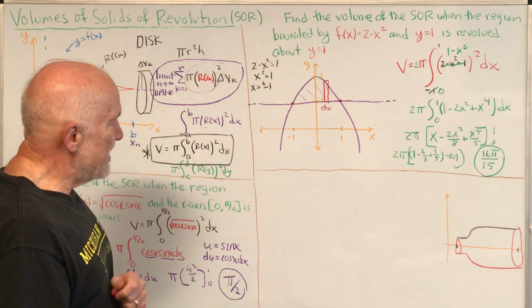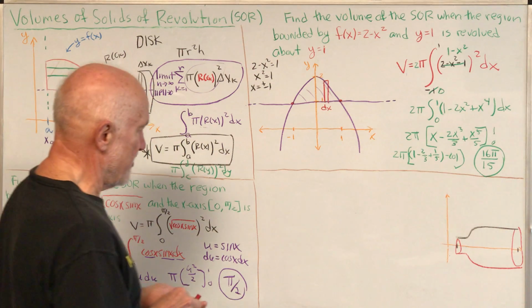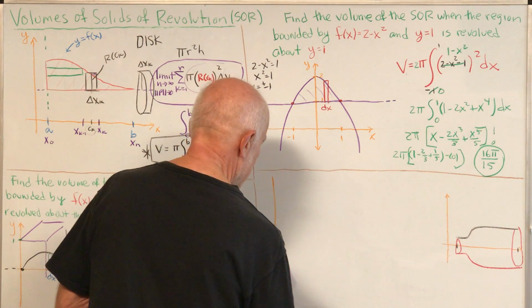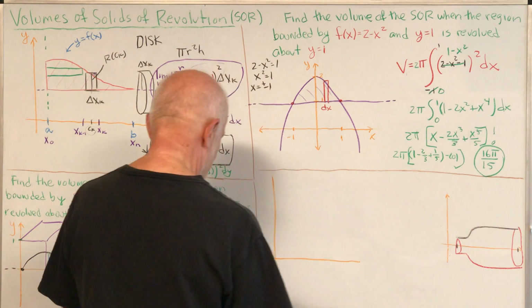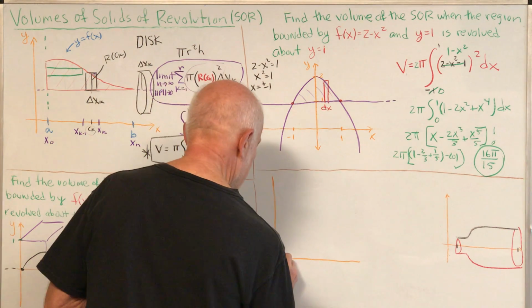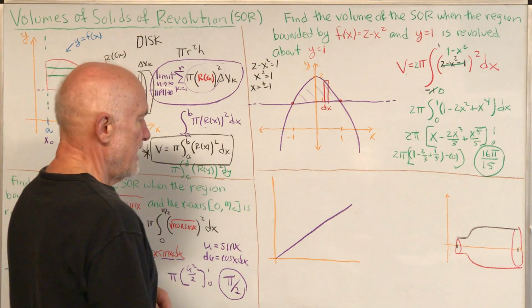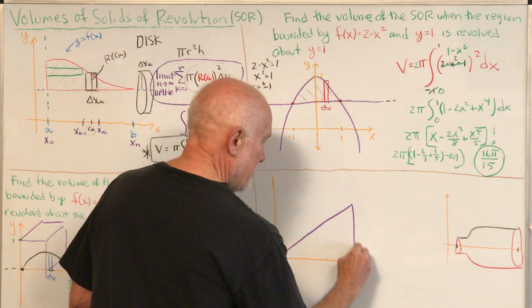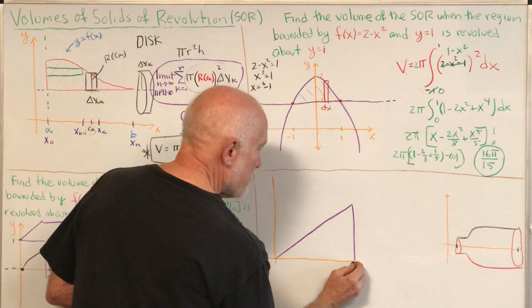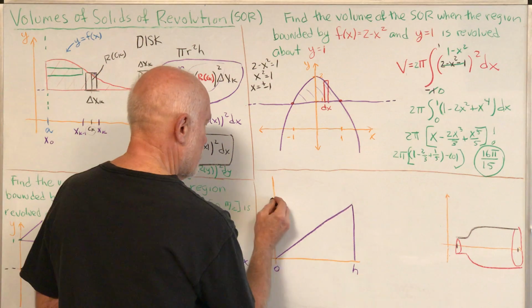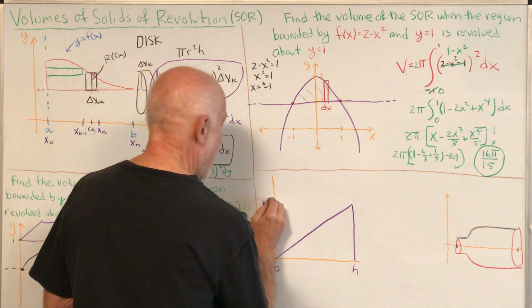Okay, since we have a little bit of space, I just had an idea here. What if we were to take a straight line function and say we went from 0 to h, and in this direction we went to r.